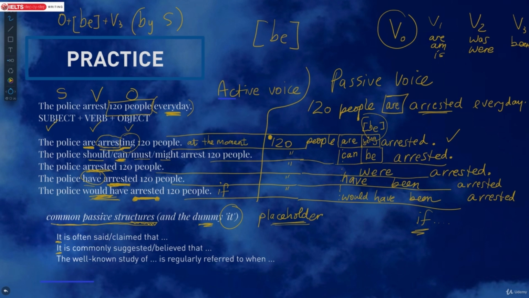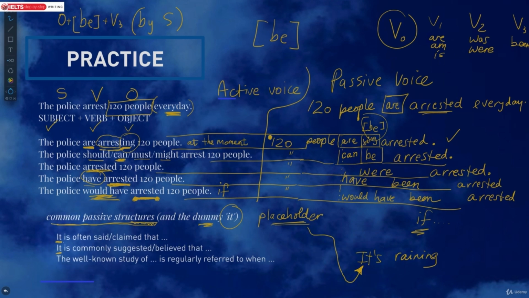So I need to put in this dummy it. And it doesn't refer to anything. It just has to be there. It's a bit like weather. When I talk about it's raining, that's also raining. When we talk about the weather or when we talk about the temperature, it also uses this dummy it. It doesn't refer to anything. It's just something I have to say to make grammatical sense in English.